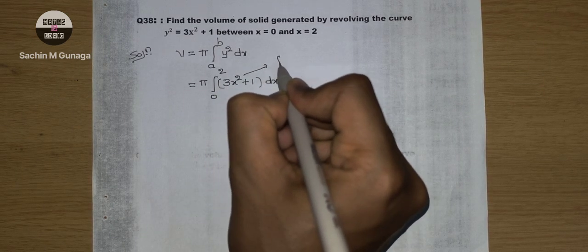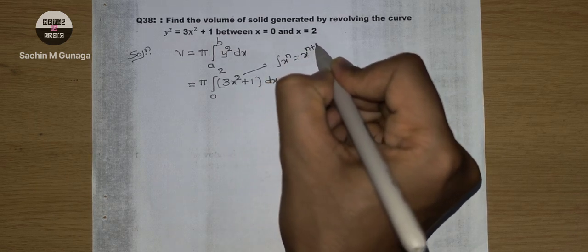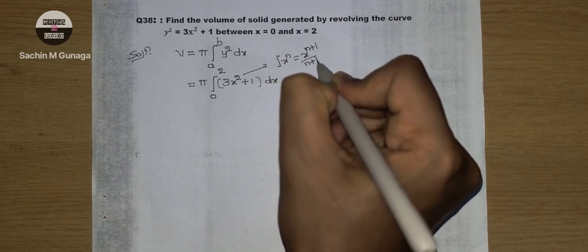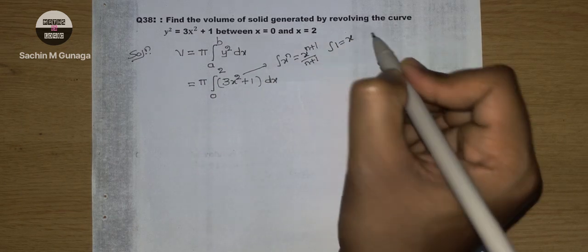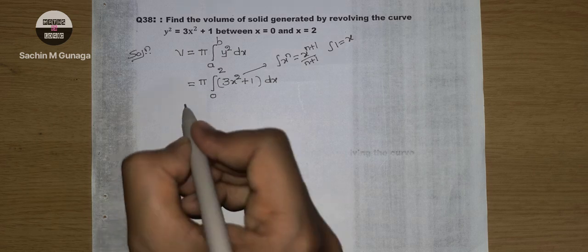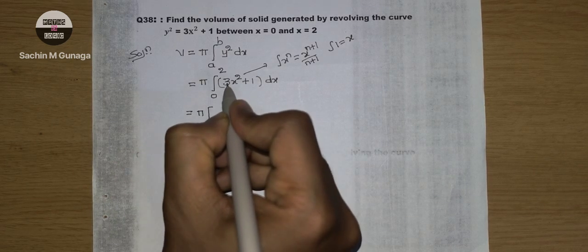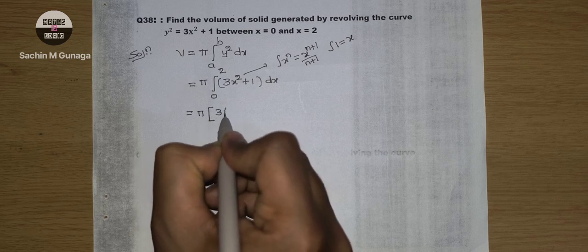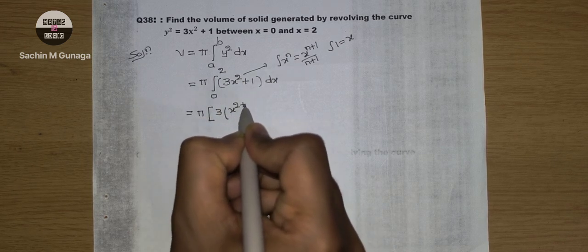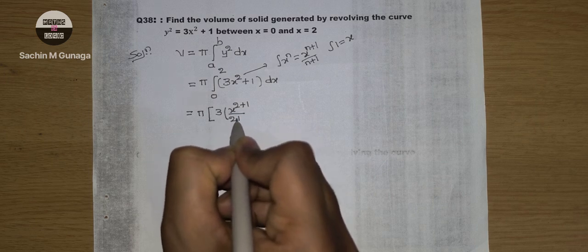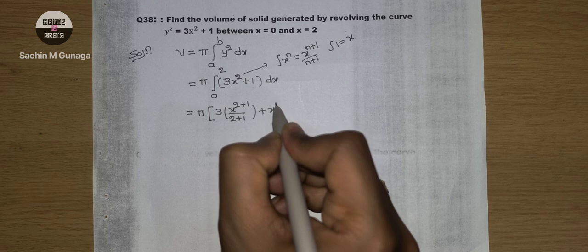Again here we are going to apply the x power n integration formula, x power n plus 1 divided by n plus 1, and the integration of 1 goes directly to x. Therefore it is equal to pi as it is in bracket, this 3 I'm going to keep outside. X square integration is x raised to 2 plus 1 divided by 2 plus 1, plus 1 integration goes to x.